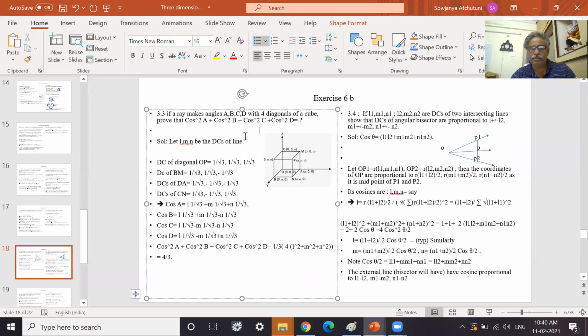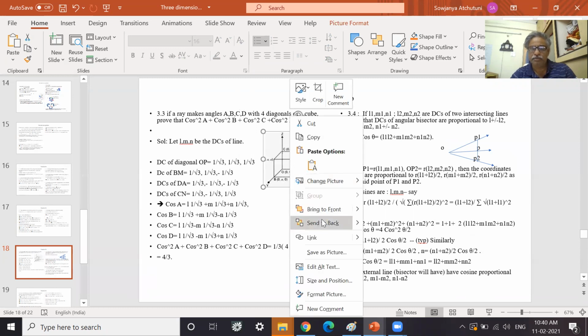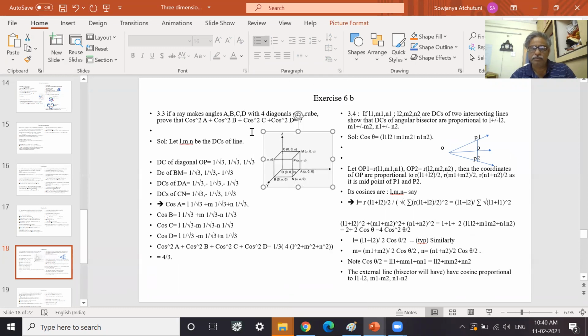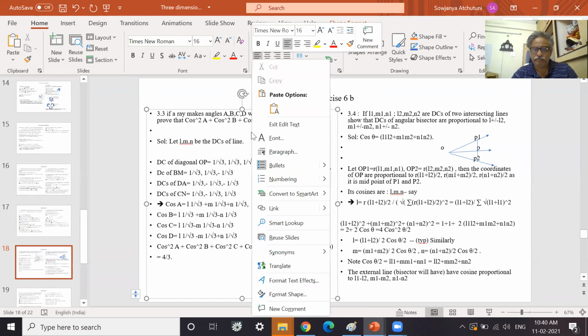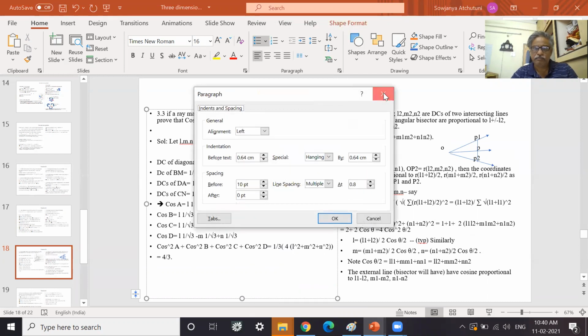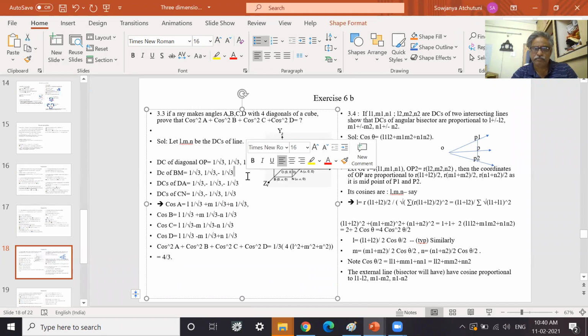This is assuming this is the y-axis. This is the z-axis.